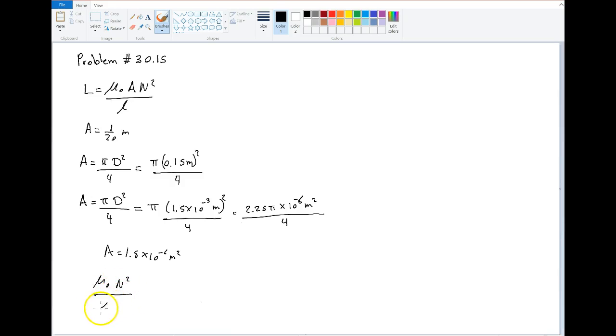Okay, we found N was 50, so 50 squared would be 2.5 times 10 to the third. No units there. And it's 5 centimeters long, so that's 1/20th of a meter. So what units do we end up with?